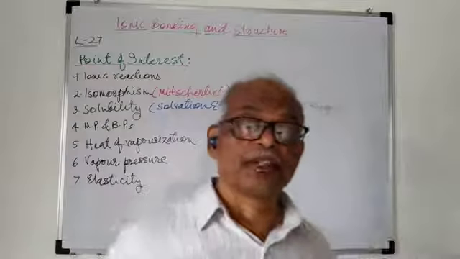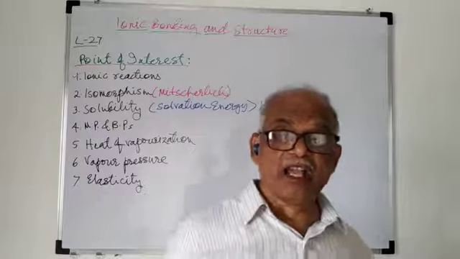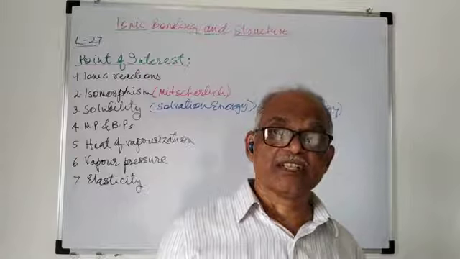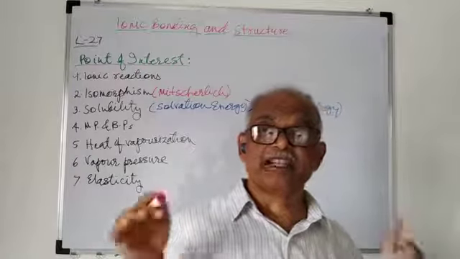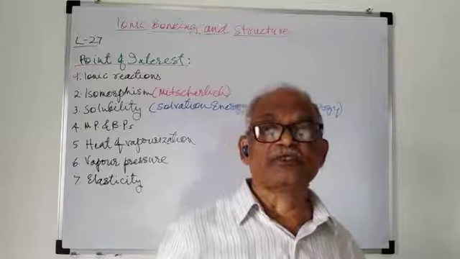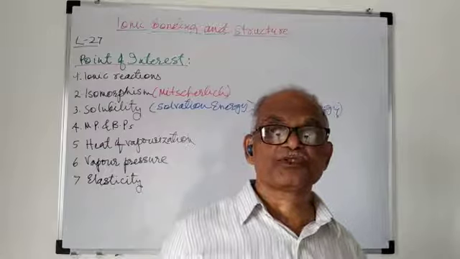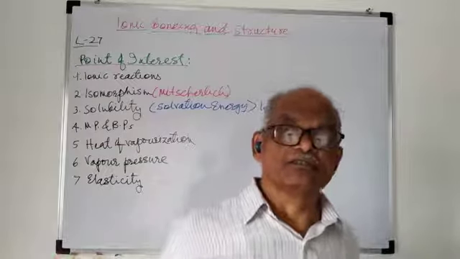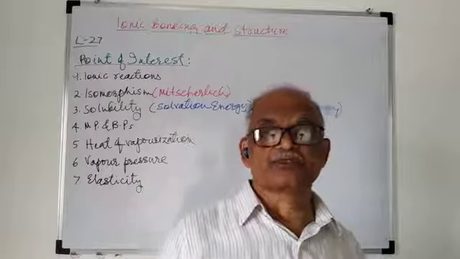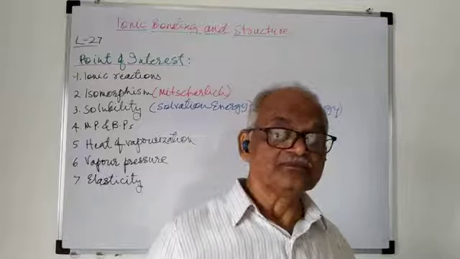We know the ionic solids, when dissolved in water, undergo ionization. As a result, the ions present in the ionic solid are split or dissociated into ions, and these ions can undergo reactions with any other ions of ionic nature when they are soluble in water in the form of another solution.